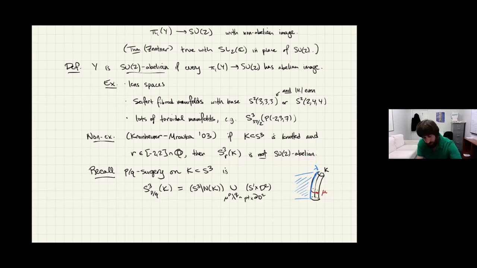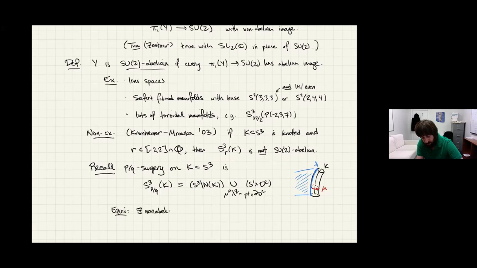So anyway, another way of thinking of this is, equivalently, what Kronheimer and Mrowka proved is that there's a non-abelian representation of the knot group, so the fundamental group of the knot complement, into SU2. And the fundamental group of Dehn surgery, well, you're just filling in this peripheral element with a disk. You're killing it in the fundamental group.